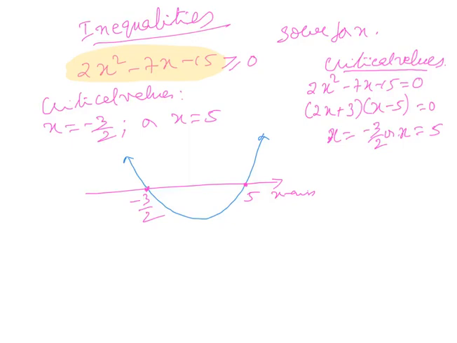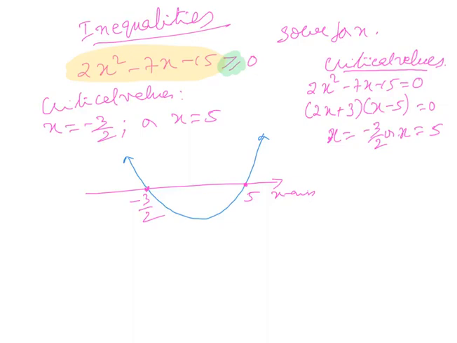Now I look at the inequality. The inequality says greater than. I'll change the color of the highlighting. So we have this greater than, which means the function is above the x-axis.